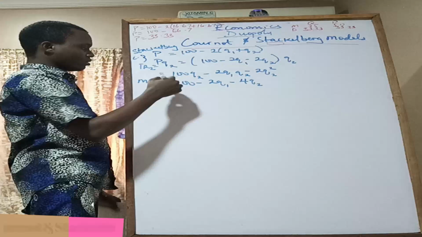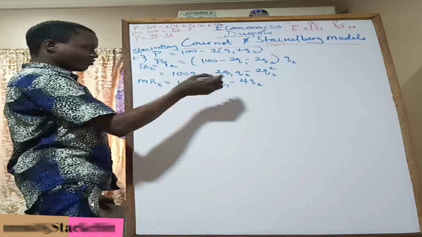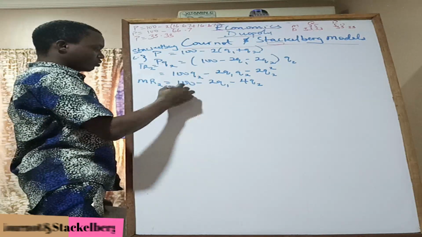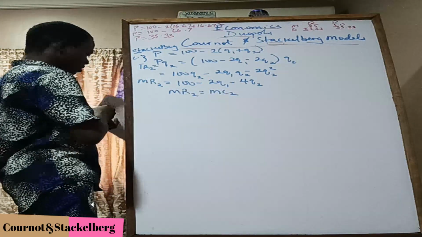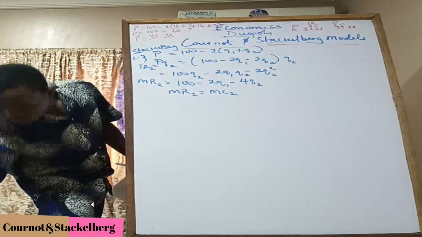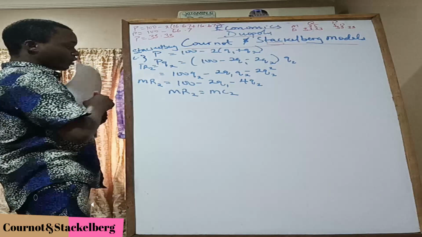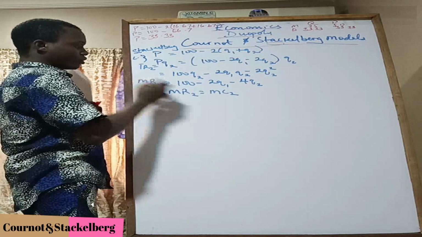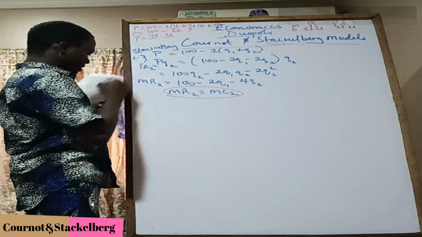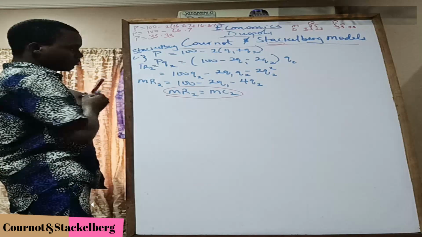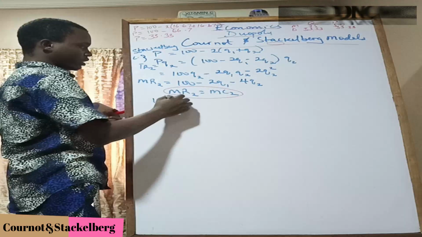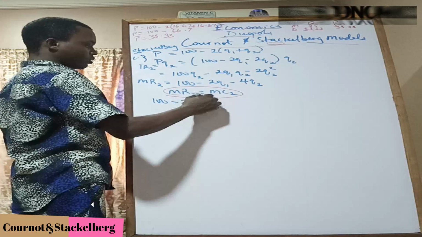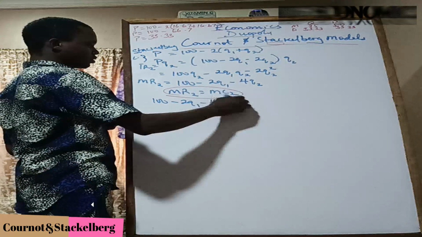Then to get the maximizing output, we've done all of these things before. MR2 equals MC2. I'm just using this to teach, and I've told you what the normal process should be. Don't just write this for a lecturer. Show all your workings. So 100 minus 2q1 minus 4q2 equals 0.